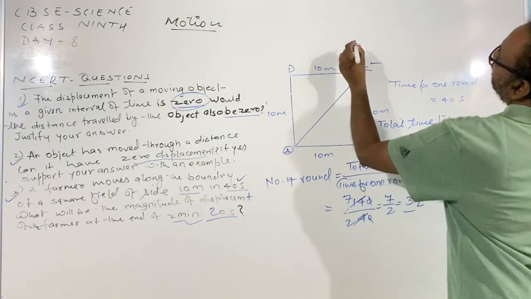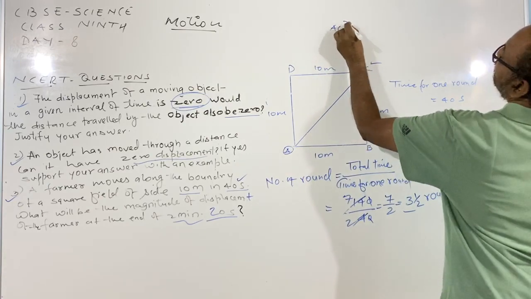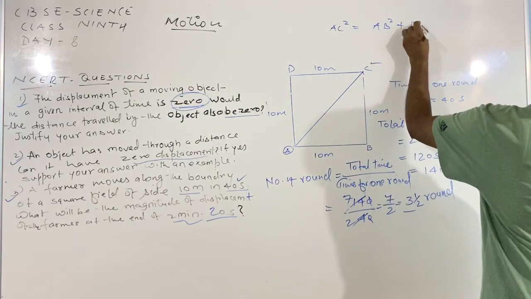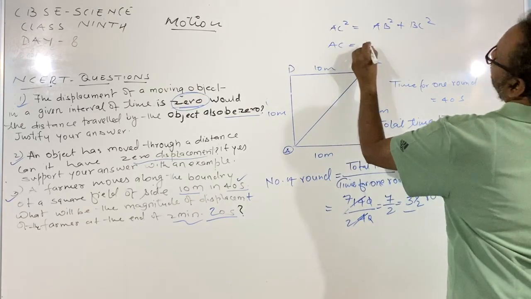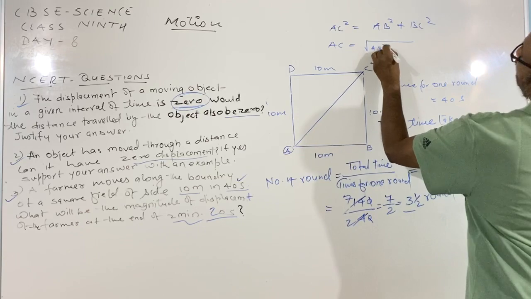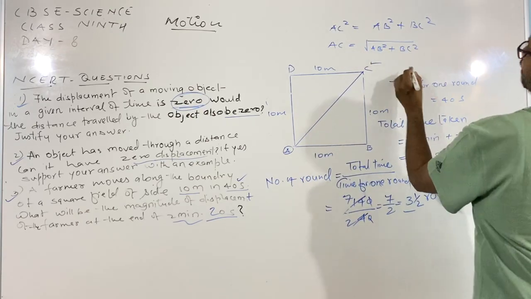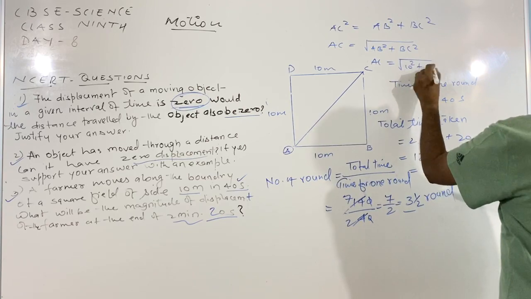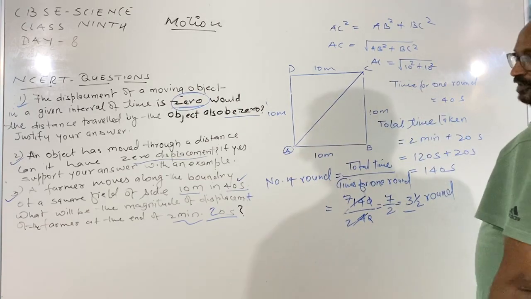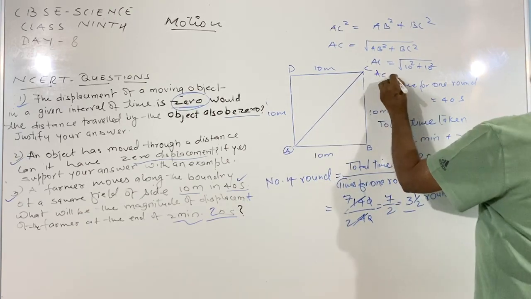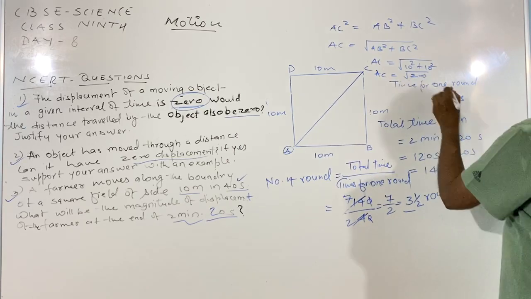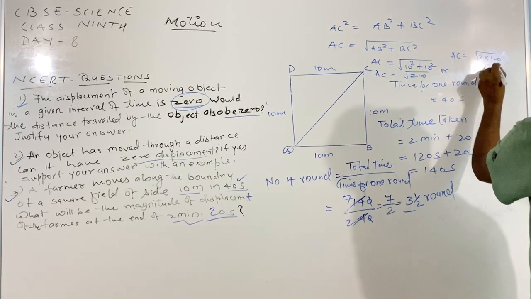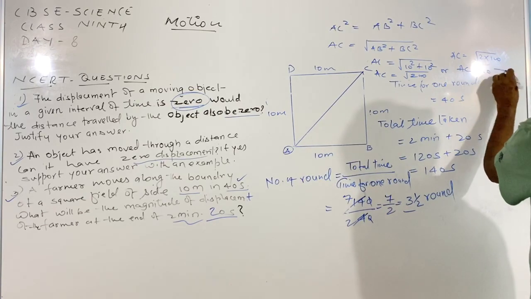From this diagram, AC square is equal to AB square plus BC square, or AC is equal to square root of AB square plus BC square, that is, or AC is equal to 200, or AC is equal to 2 into 100, or AC is equal to 10 into root 2.